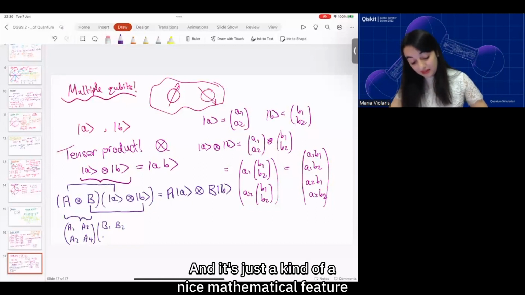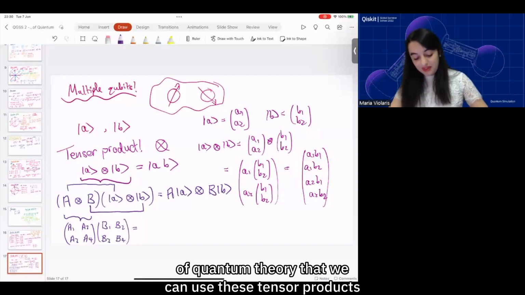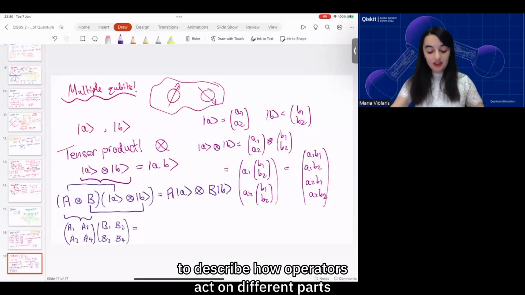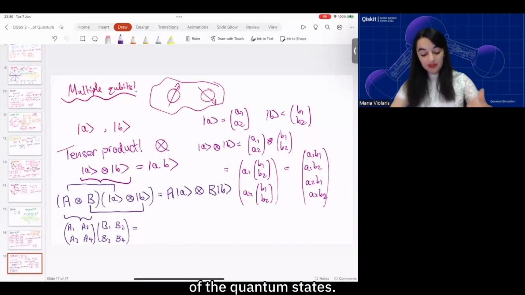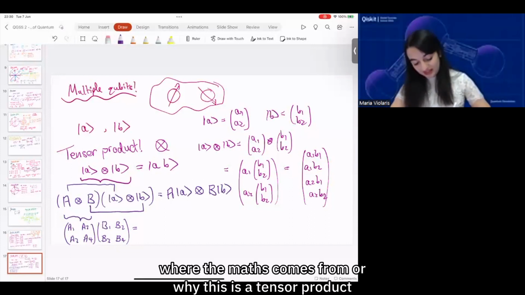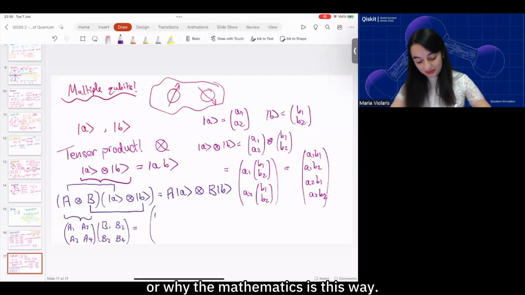And it's just a nice mathematical feature of quantum theory that we can use these tensor products to describe how operators act on different parts of the quantum states. So don't worry too much about where the maths comes from, or why this is a tensor product, or why the mathematics is this way.